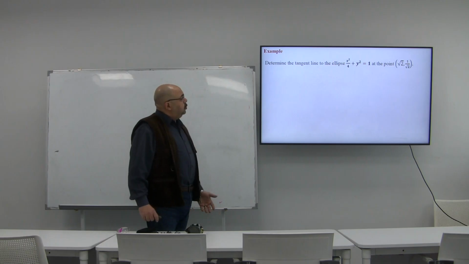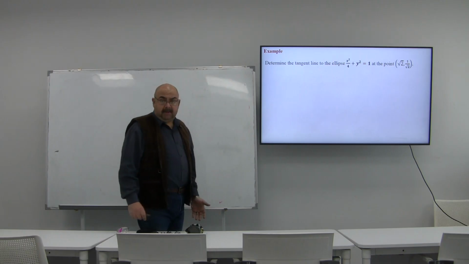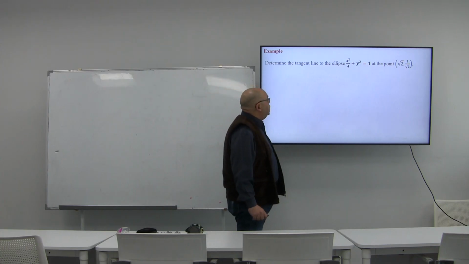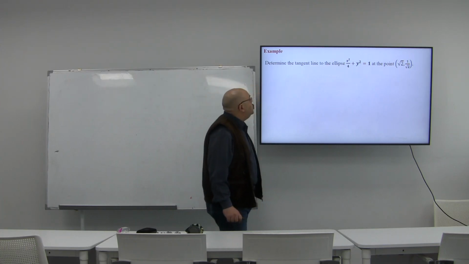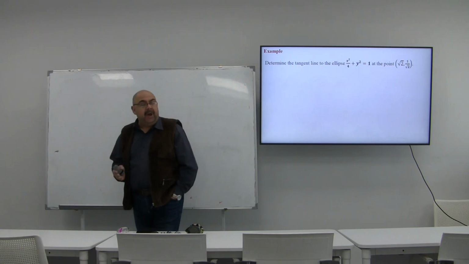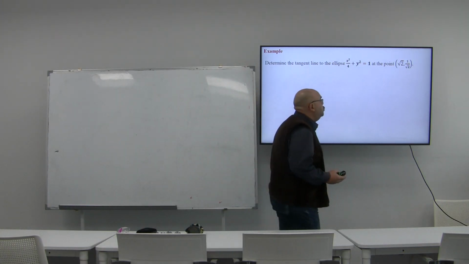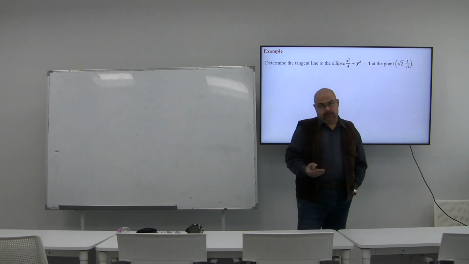Now, I want you to go with me on this problem, which asks you about determining the tangent line to the ellipse x squared over 4 plus y squared equals 1 at the indicated point, which is root 2 and 1 over root 2.